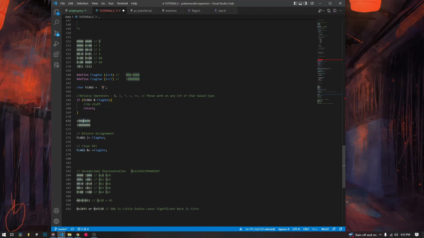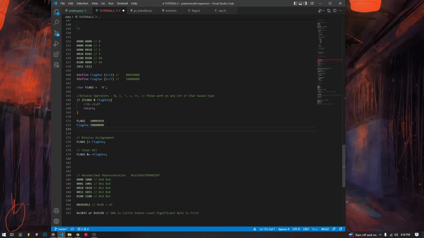Now, how this works is, let's say we have, right here, our list of flags, and this is going to be flags, and this is our flag 1. We also have the not flag 1, which is 0, 1, 1, 1, 1, 1, 1.